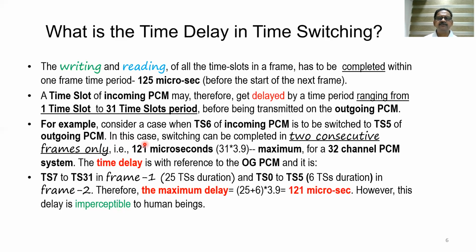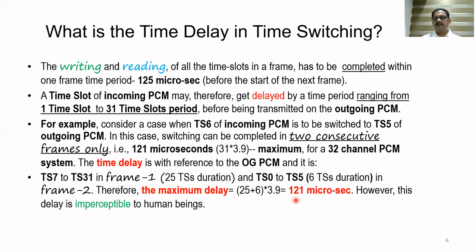In this case, switching can be completed in 2 consecutive frames only, that is 121 microseconds. 31 into 3.9 is the maximum for a 32 channel PCM system. The time delay is with reference to the outgoing PCM, and it is estimated like this.